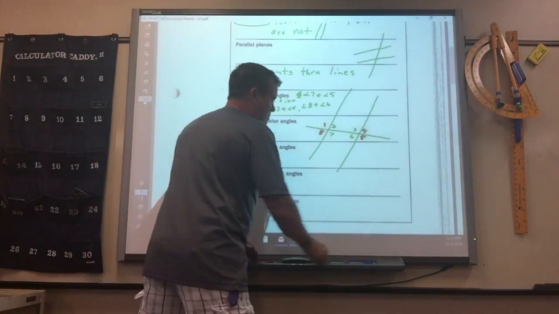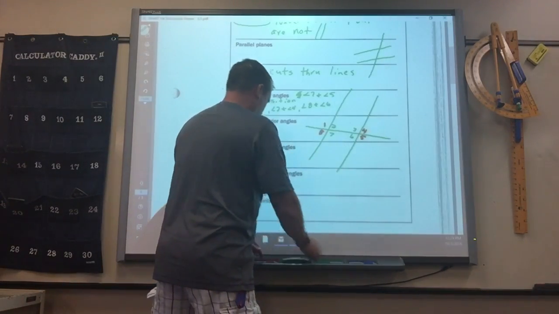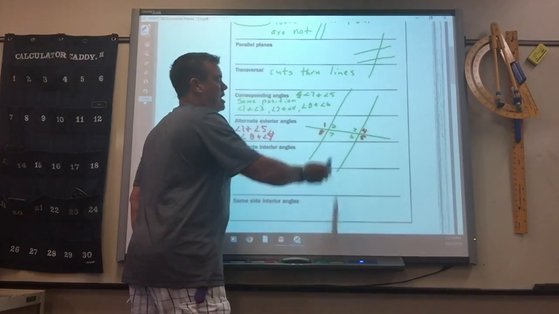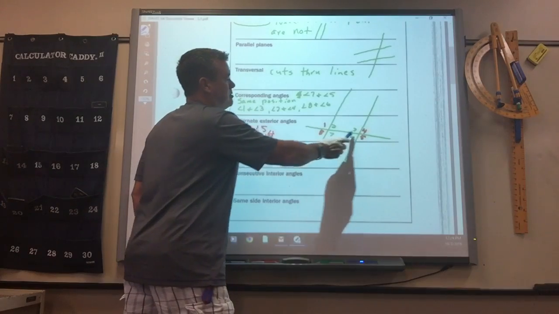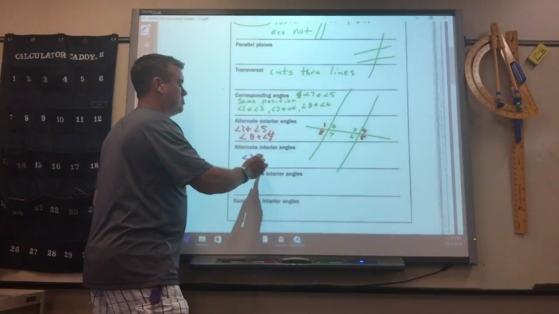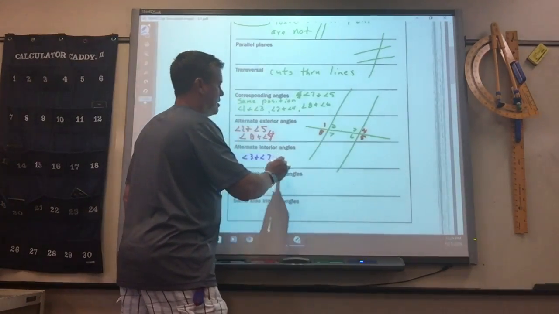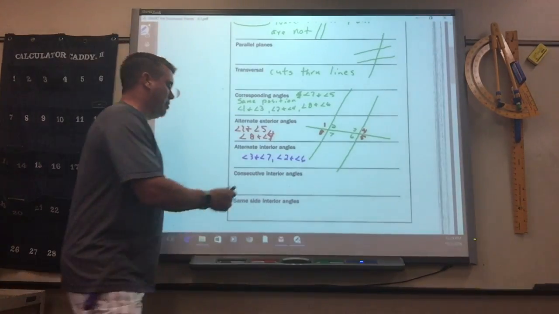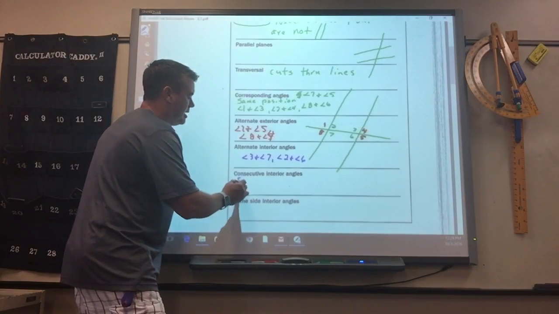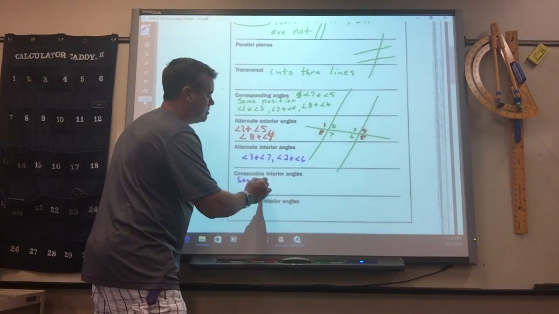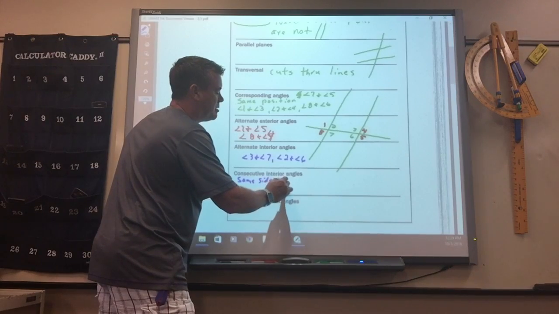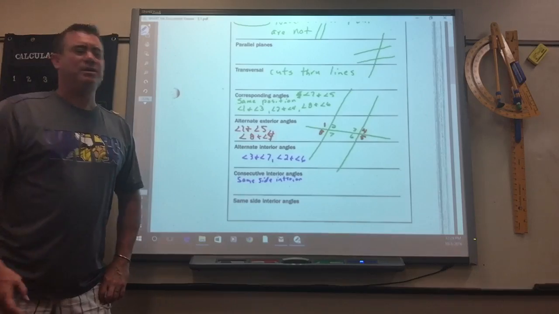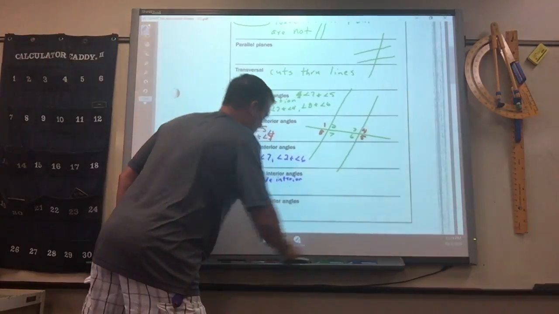Alternate interior are inside, and they alternate sides. 3 and 7. And then 2 and 6. So, consecutive interior, the better name to call it is same side interior. They mean the same thing. It's just when we start naming what the angles are, it's easier to abbreviate.